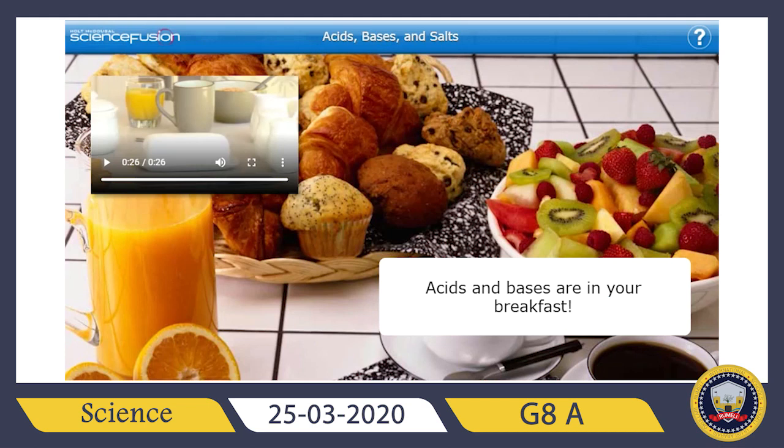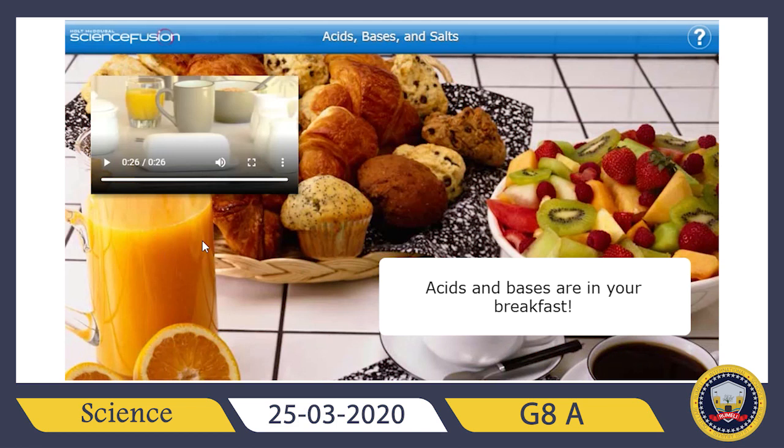Even though you probably didn't realize it, we have these substances a lot in our daily life, because what we eat or what we are made up of inside our body can be an acid or base. For example, the eggs that you are eating in your breakfast contain bases. On the other hand, this orange juice contains acids.